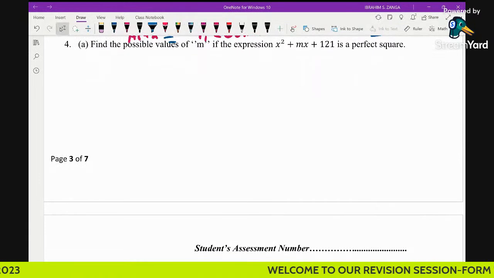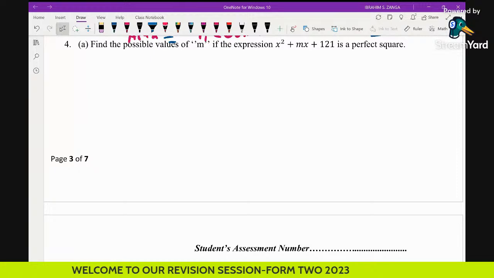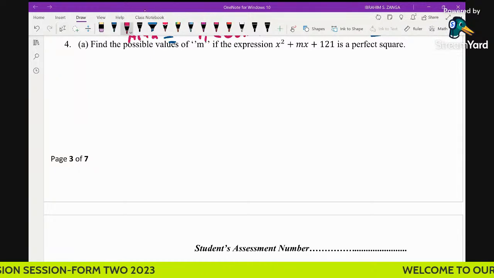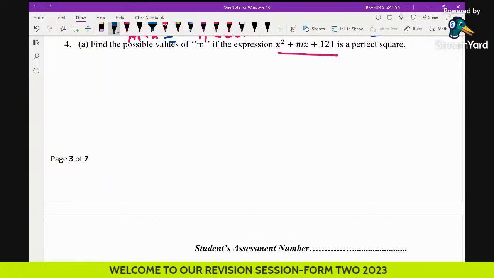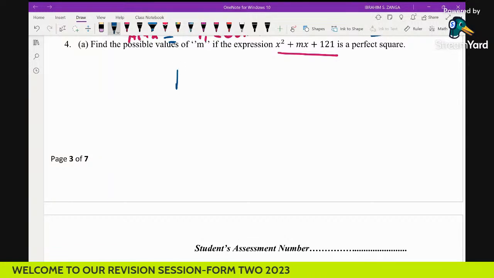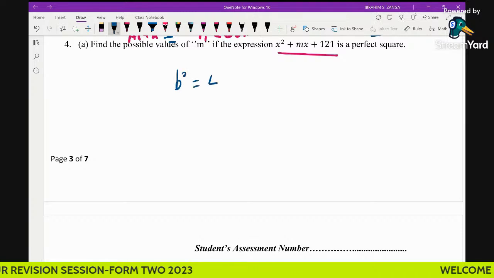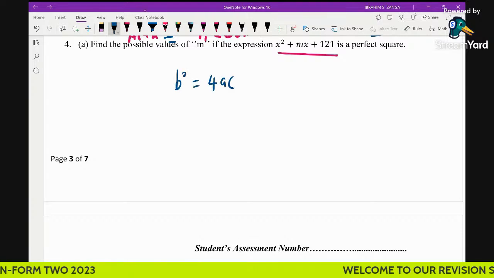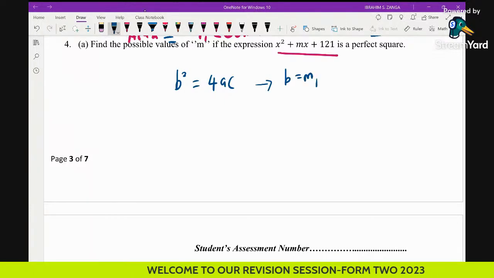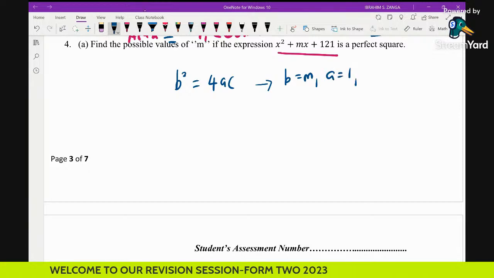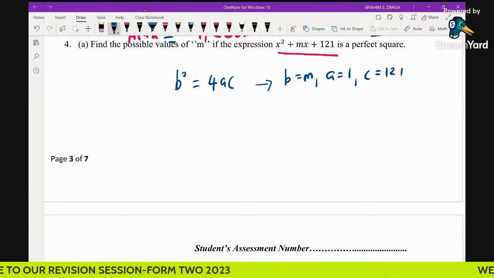Going to question number 4. Find the possible values of m if the expression x squared plus mx plus 121 is a perfect square. For a quadratic expression to be a perfect square, b squared is supposed to be equal to 4ac. Here b is equal to m, a is 1, c is 121.